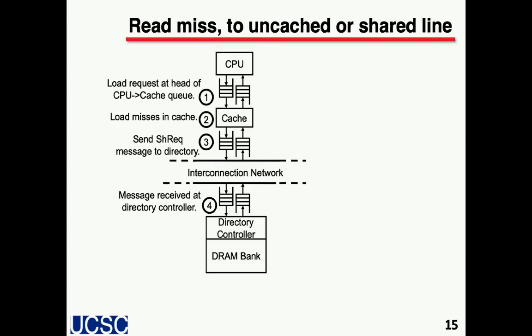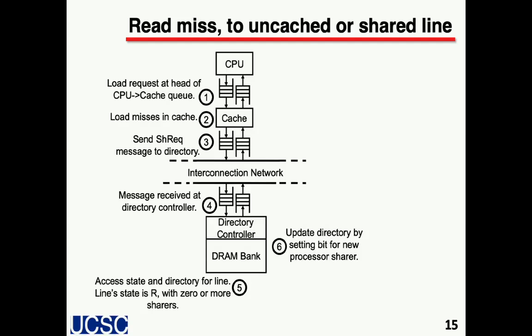The directory controller is going to look up that address, look inside its directory, and find out what the state of that line is. So in this case, the line state is R, meaning that nobody has a dirty copy, and they're not waiting for any other transactions to complete. And so it's a number of sharers. So now I'm going to set the bit corresponding to the CPU that requested it in the directory, and we're going to send the data back across the network, so send a share response message.